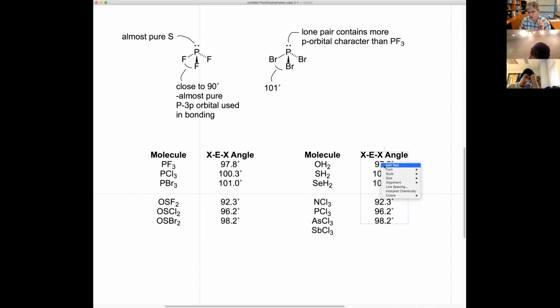So before I start writing out the numbers here, take a moment to guess what's going to happen. We're interested in this angle again. And what do you think is going to happen to that angle as you descend the period?